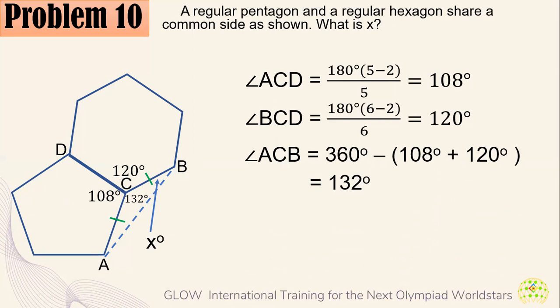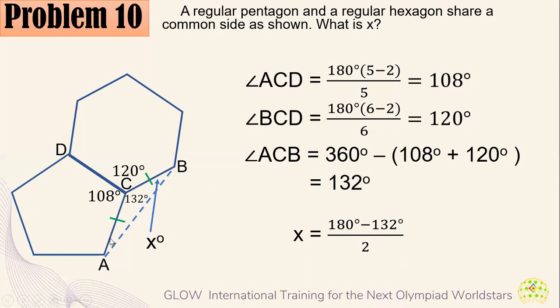So with such, what can we do next? What we can do next is, remember that if this is x here, this also has to be x, because these are the base angles of your isosceles triangle ACB.